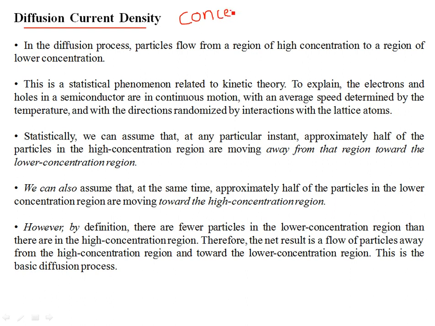Well, the charges are statistically moving in a lattice of a single crystal silicon or a doped silicon semiconductor. In one region you might have a high density of charges, and they tend to move from one dense region to a lower dense region.